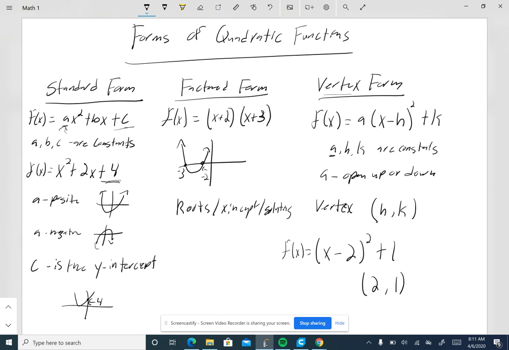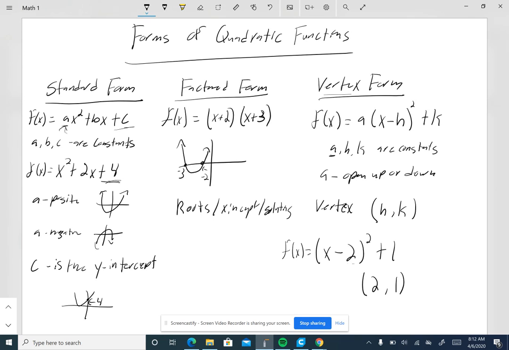And you're saying, wait, this is a negative 2. But this is a minus here, so h itself is actually only 2. Now, if this was plus 2, what would h be? h would be negative 2, because if h was negative 2, it would be x minus negative 2, which would turn into plus 2. And that's kind of why the sign change is weird. Again, we'll talk more about this stuff later. I just want to get this as a little intro in.